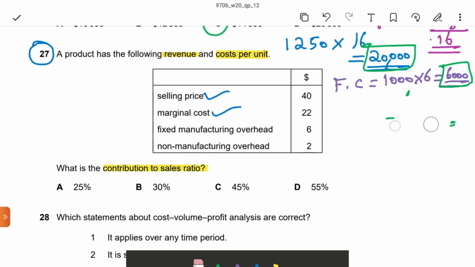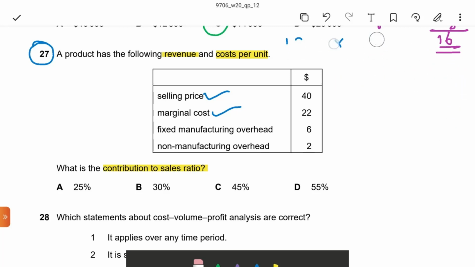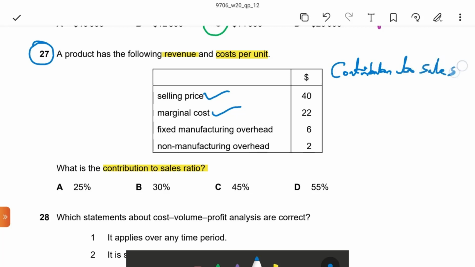So first we need the equation: contribution to sales ratio is equal to contribution divided by sales into 100.